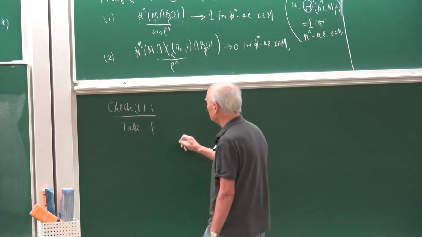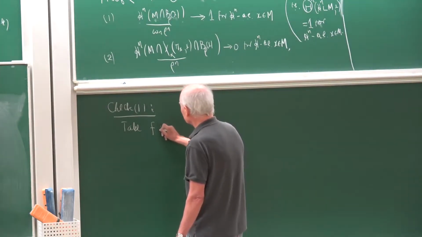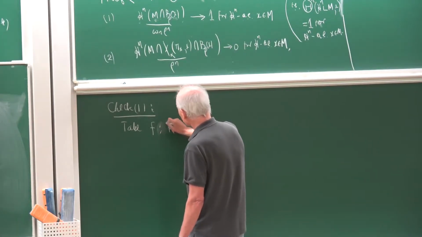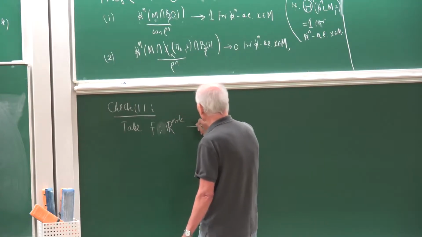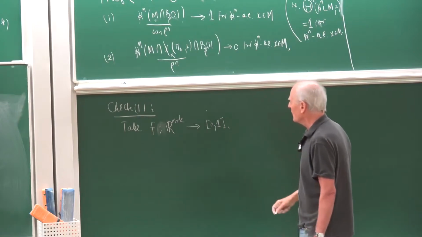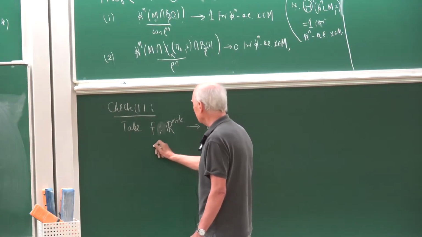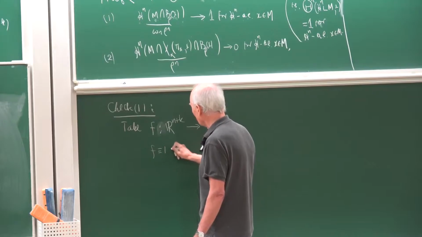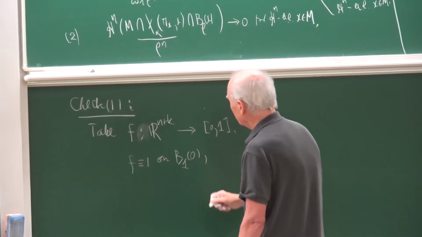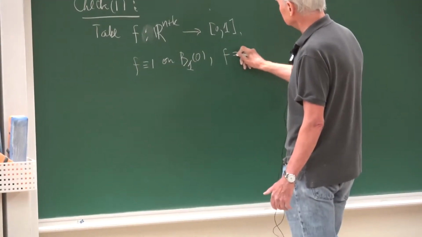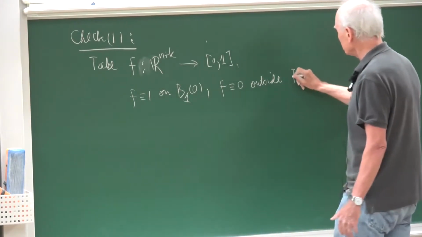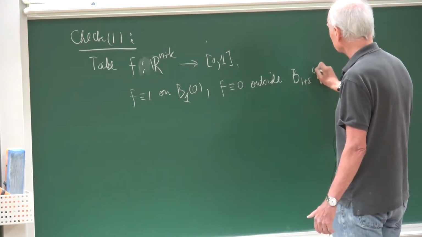So take f as follows. You take f to be a function from R^(n+k) into the closed interval [0,1], and you require that f is identically equal to 1 on the unit ball centered at the origin, and you take f to be identically 0 outside the ball of radius 1 plus epsilon centered at the origin.